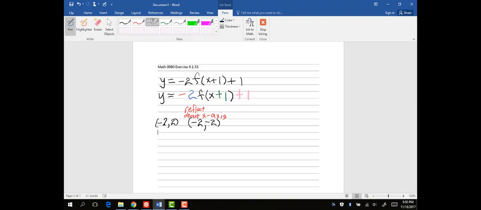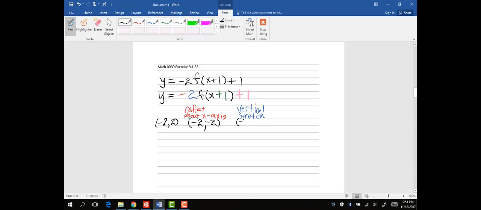Then this 2, which is blue, is actually a vertical stretch by a factor of 2. So I'm going to deal with that by multiplying my y coordinate by 2.